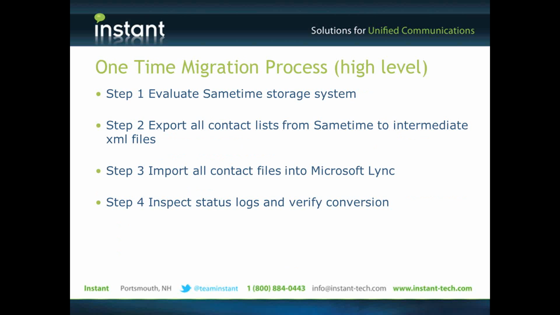The next is we would export in a special way all of the contact lists from your VP user info to an intermediate XML structure that we can then use on the other side of this. And then we would take those intermediate XML files and we would move them into another platform. While we're doing that, we're going to keep track of some statistics and some information on groups and users and things like that.